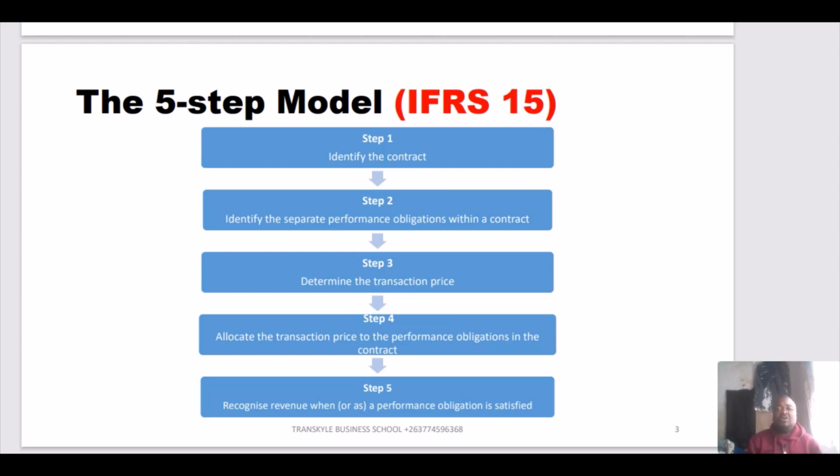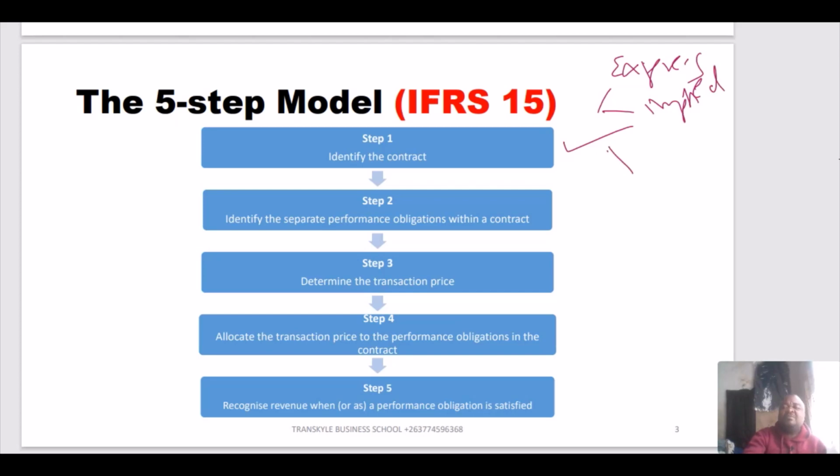Okay, so the 5 steps are: step number 1, you need to identify the contract. We have studied contract law in our ACCA paper, corporate law, formerly F4. We tackled issues to do with the contract, and we learned that the contract could be express or implied.